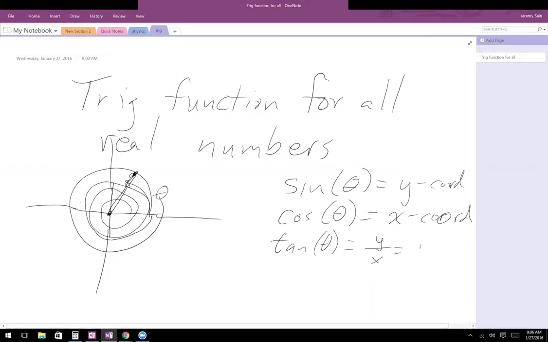Slope. So tangent theta is the slope of that radius. All right. And then again, secant is 1 over cosine, cosecant's 1 over sine, cotangent's 1 over tangent.